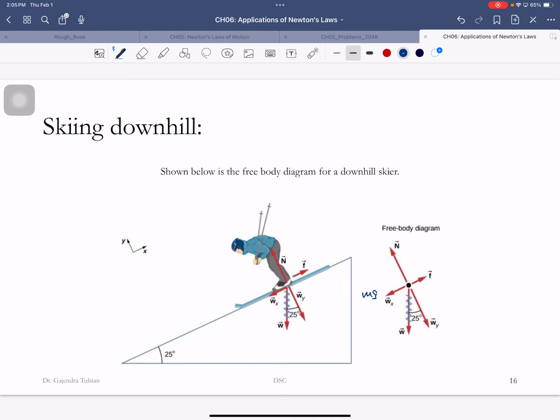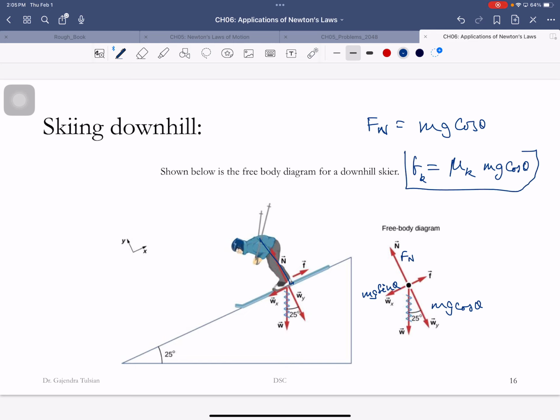Since you're not coming off the slope, the normal force is mg cosine theta. So the friction force is mu k, for the skis and the snow, times mg cosine theta.